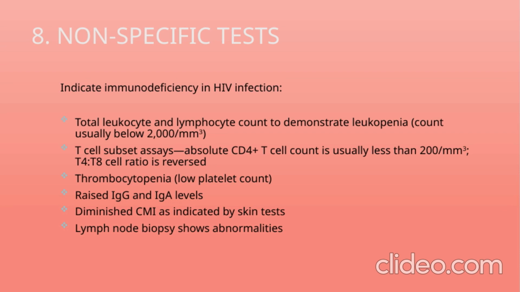Specifically, the absolute CD4 plus T-cell count is typically less than 200 per cubic millimeter in these patients. Additionally, the T4 to T8 cell ratio, which usually balances around 1, is often reversed, showing a skewed immune profile. We also observe thrombocytopenia, meaning a low platelet count, which can contribute to increased bleeding risk.